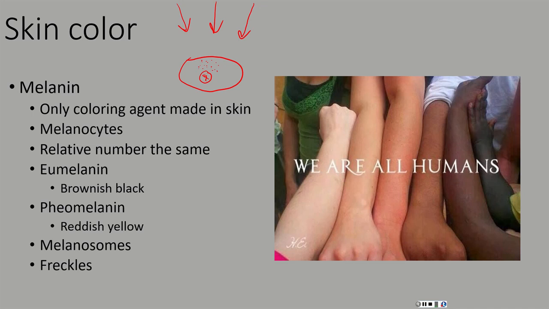It's actually the result of a mishap early on. So what happened early on, and you don't need to know this, but what happened early on was a melanocyte had some sort of error when it was developing, and it just naturally started making melanin at a faster rate.